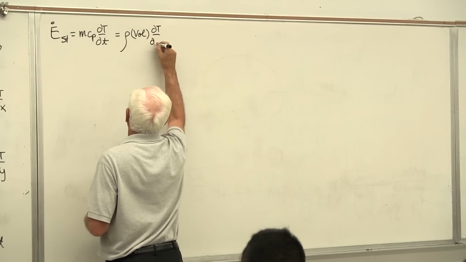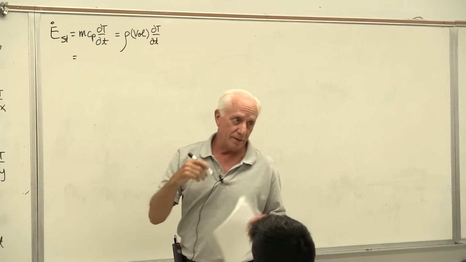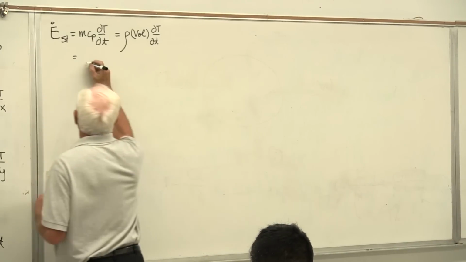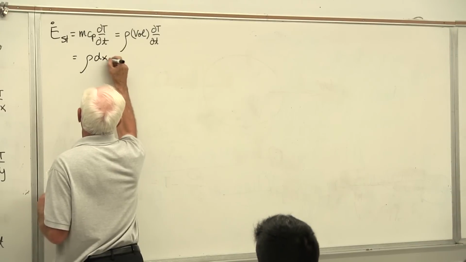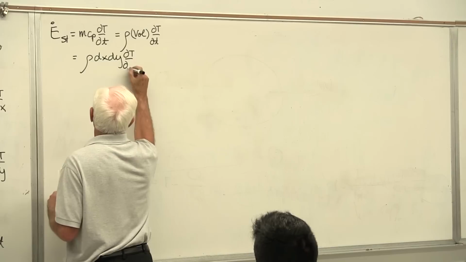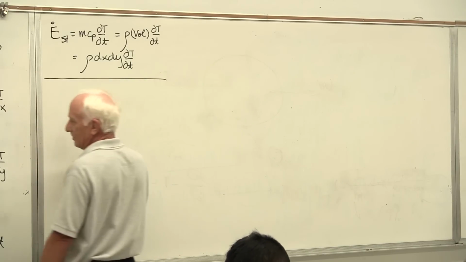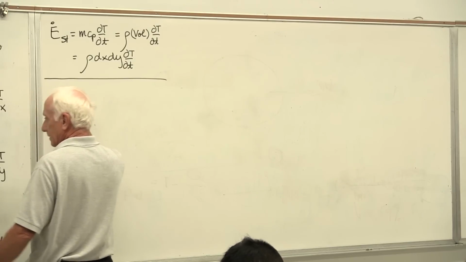So this is equal to rho dx dy times 1, partial T with respect to time. Okay, now we put those in the energy balance equation.